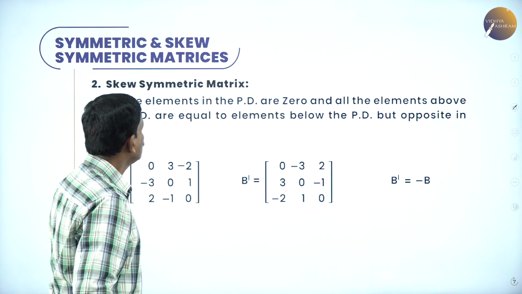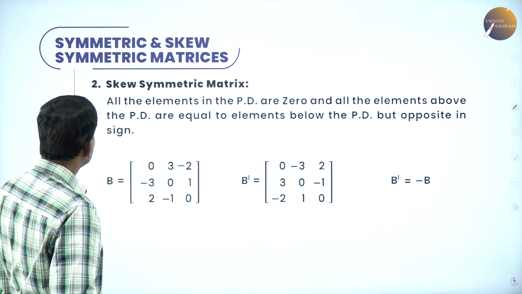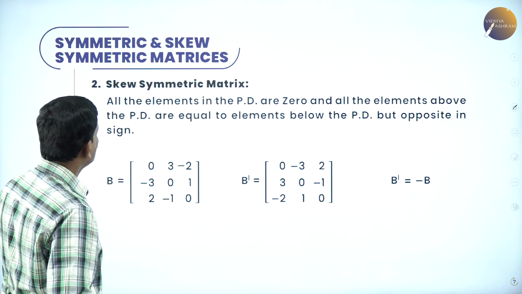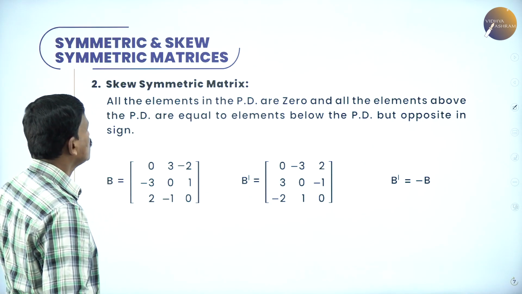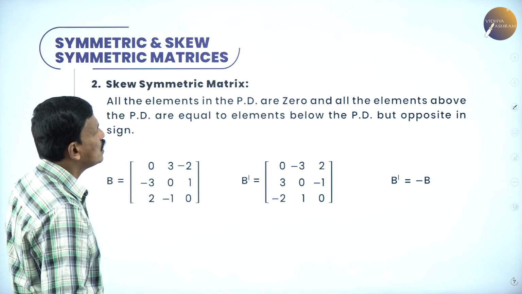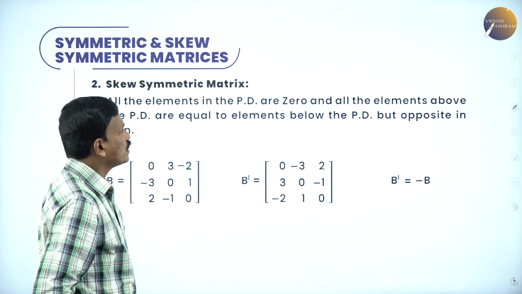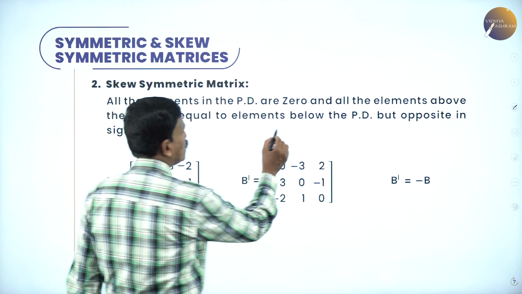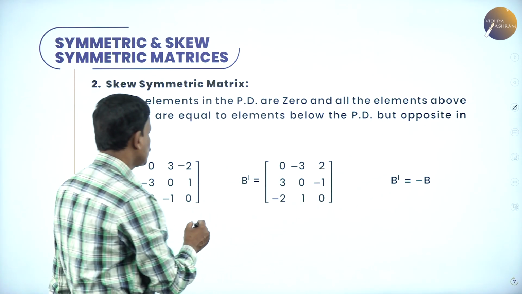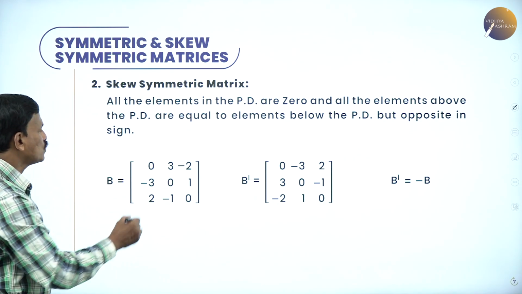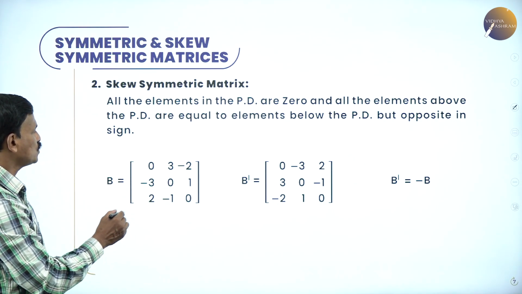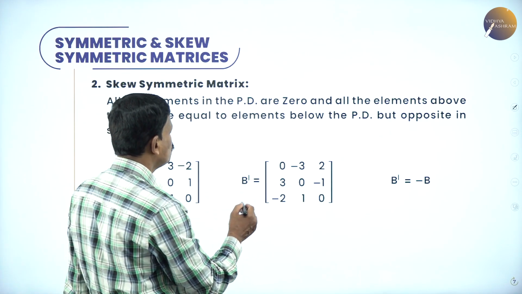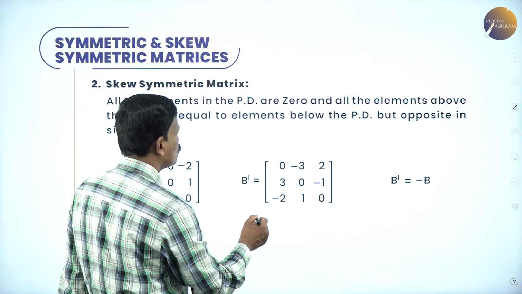Now let us take some problems on this skew symmetric matrix. In a skew symmetric matrix, all the elements in the principal diagonal are zeros, and other elements are equal but opposite in sign. Take one more example. If B is equal to 0, minus 2, minus 3, 2, 0, 1, 3, minus 1, 0.